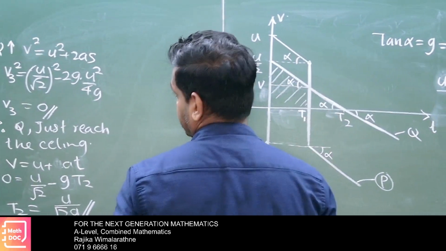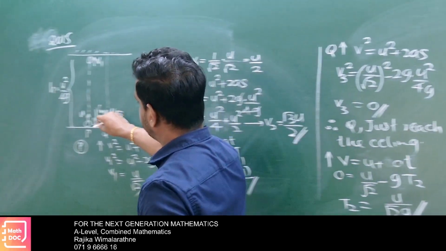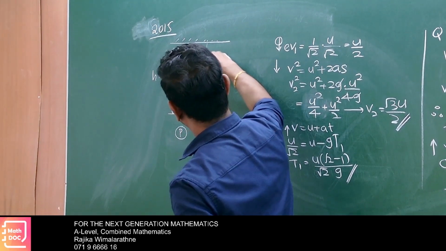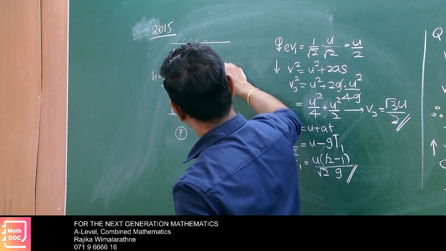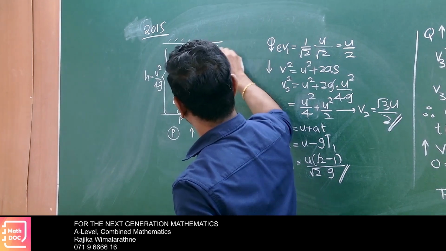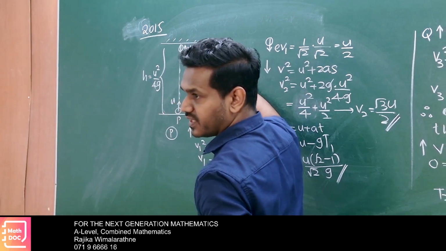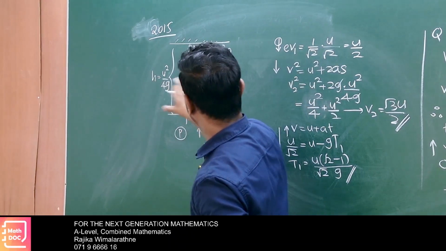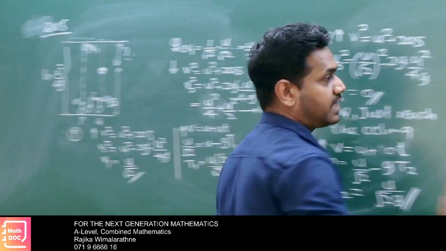Then the required height: when it hits this ceiling, Q particle is somewhere here, then we got this one, and we need this one, no? Then the maximum height, this height U squared over 4g, you subtract that one.